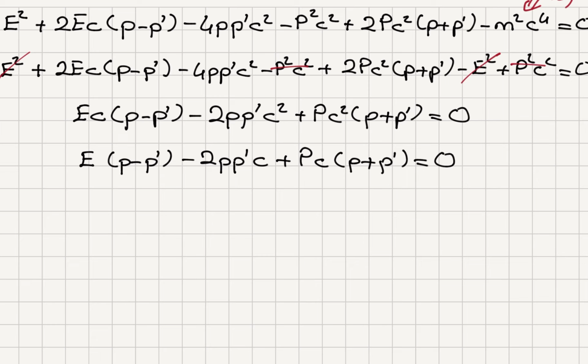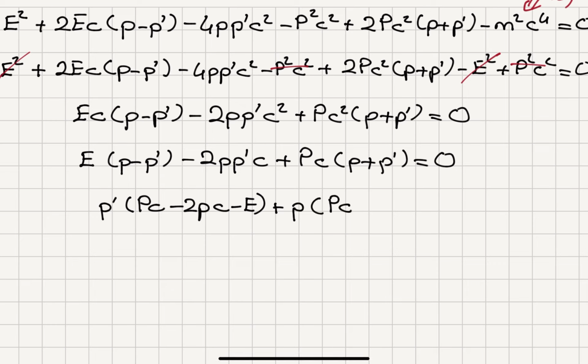Now let's take this into p prime parentheses. P prime parentheses, I have capital P c here. Here I have minus 2pc, and then here I have minus capital E. And then the leftover terms in p parentheses, I have capital P c plus capital E is equal to 0.